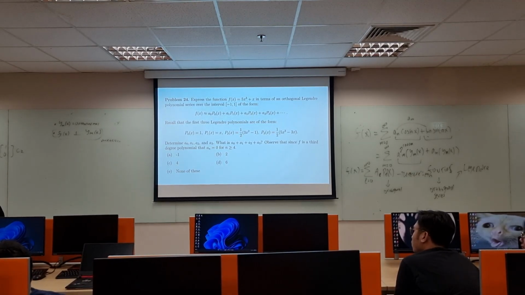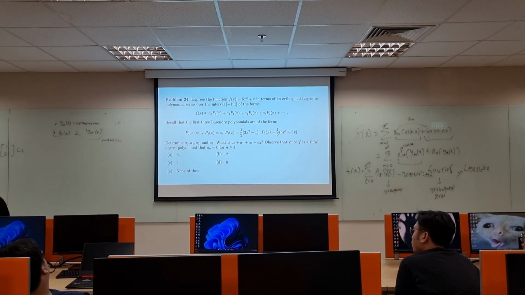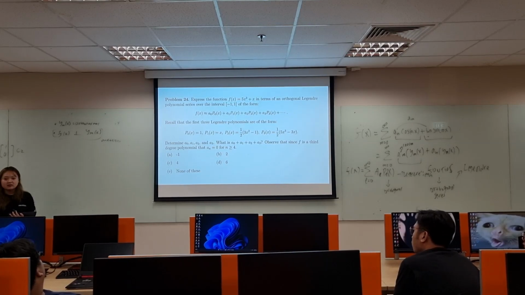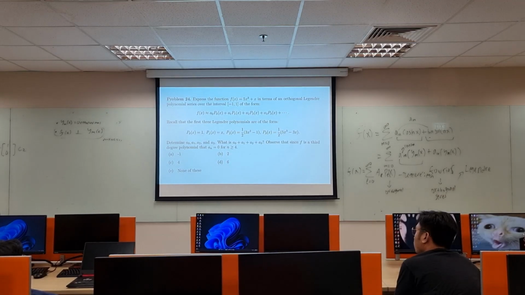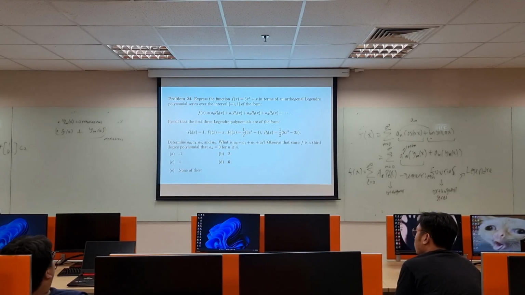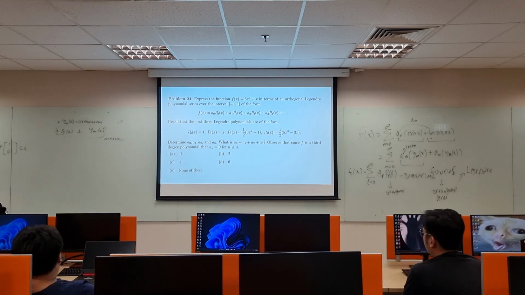If there's a question like this, what we need to check first is whether the given function fx is odd or even. Do you guys remember how to check odd and even functions?